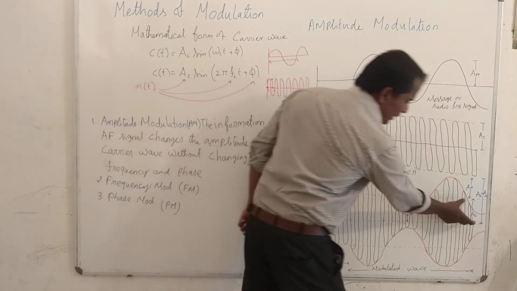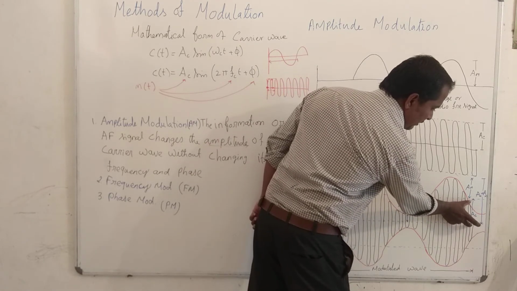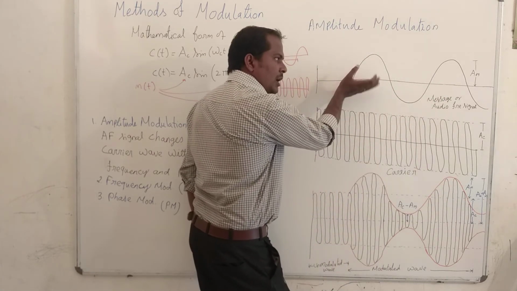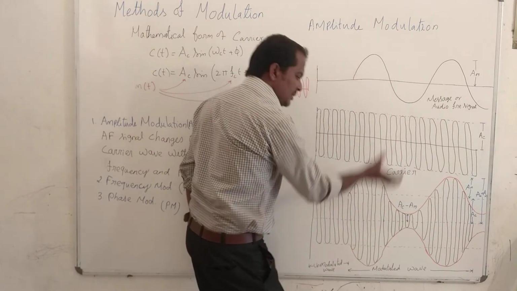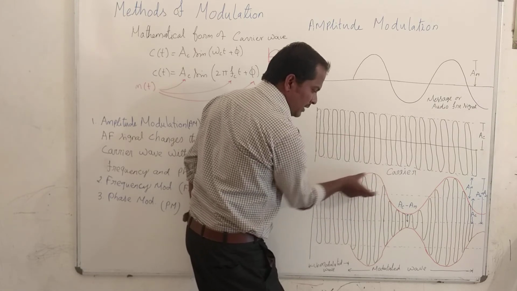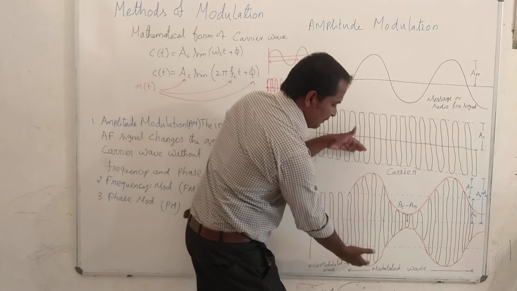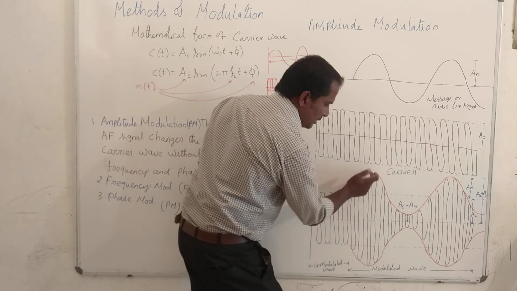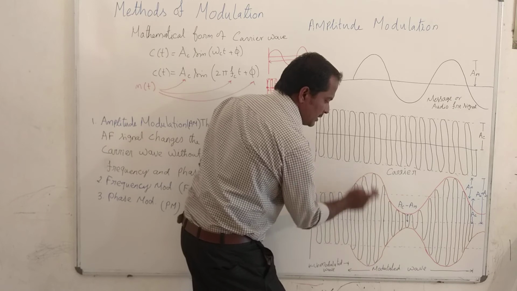The original amplitude of the carrier wave is AC, but the input or audio frequency or message signal is added into the carrier signal, so the amplitude of the carrier signal is increased. This is the maximum amplitude.